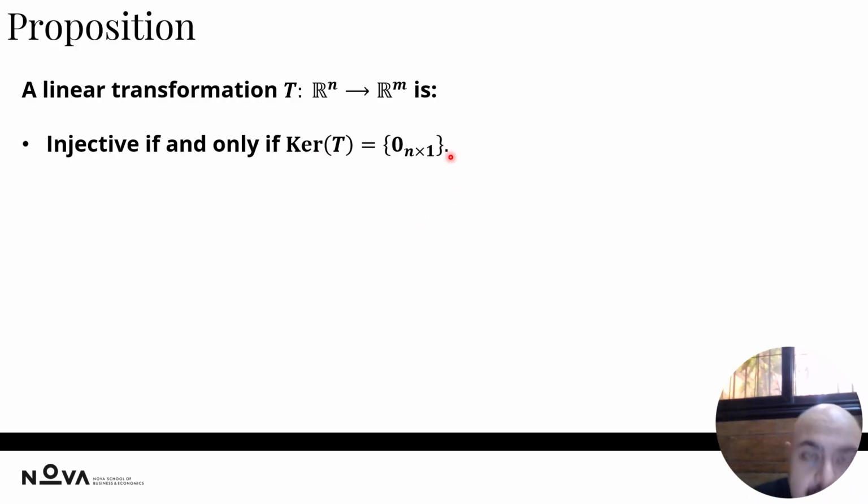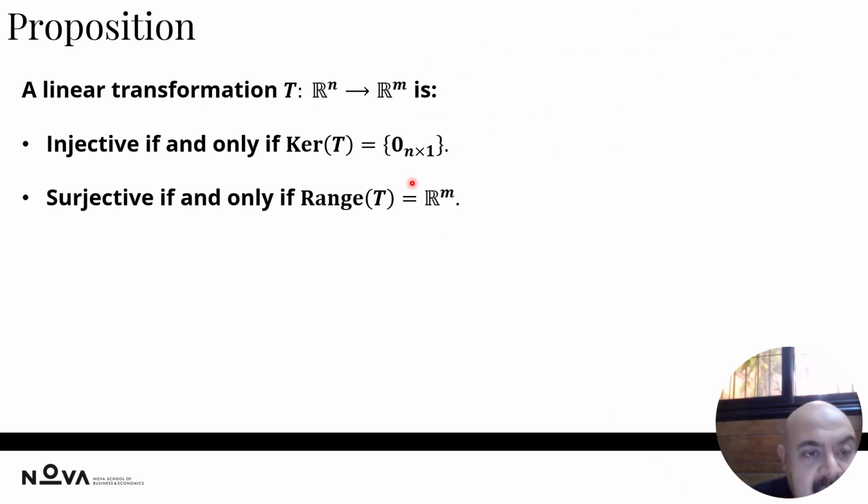That's the condition for a linear transform to be injective: the kernel of the transform will be mapped into 0. Surjective means if and only if the range of T is equal to Rm. What's the range of T? It's the set of all vectors that are transformed using this linear transformation into Rm. It will cover Rm without missing any point.